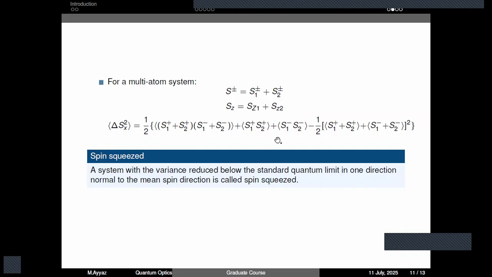By looking at this expression, we can see that we can generate spin squeezed state with the help of non-vanishing dipole moment, and similarly we can also generate spin squeezed state by two photon collisions. So let's see the important statement of spin squeezing. A system with the variance reduced below the standard quantum limit in one direction, normal to the mean spin direction, is called spin squeezed.